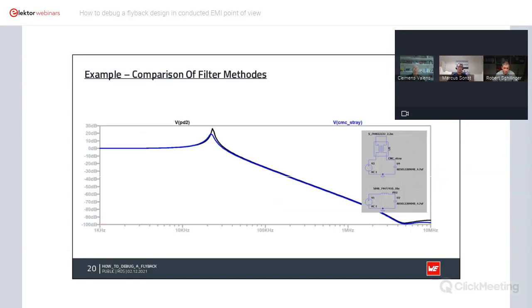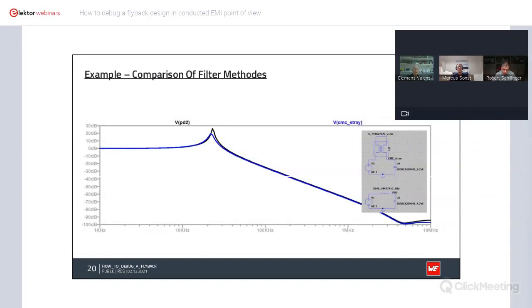And in this way we can compare both. The black one is with an extra component, an extra inductor with 10 microhenry, and 4.7 microfarad capacitor.